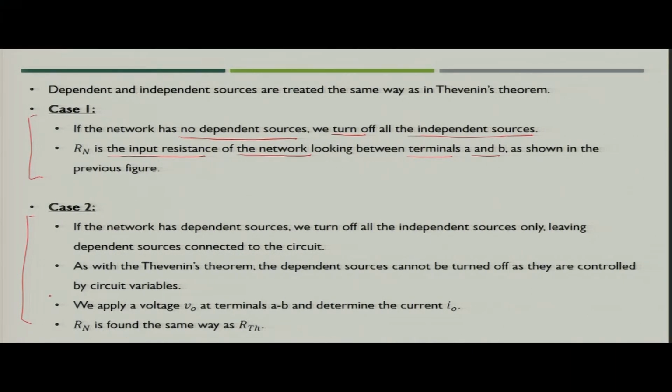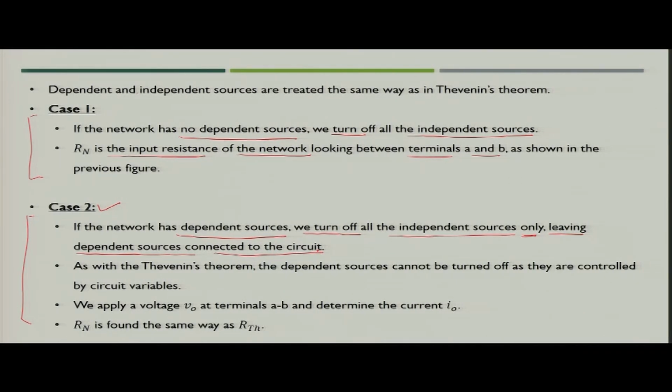In today's class we will discuss case 2, that is, if the network has dependent sources. In that case, we turn off all the independent sources only. We leave the dependent sources connected to the circuit.